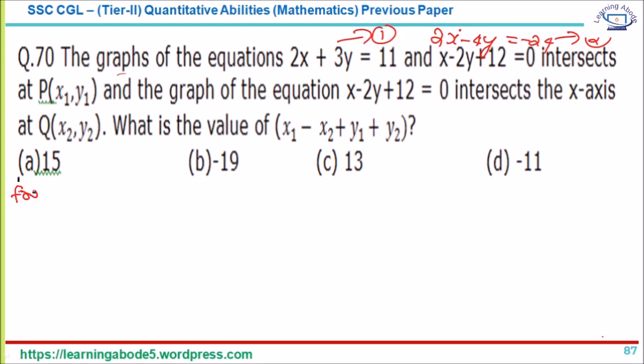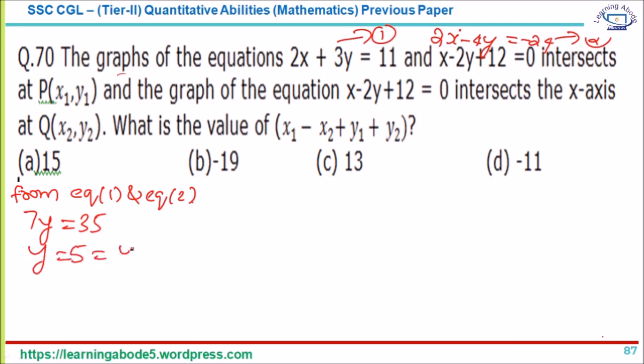From equation 1 and equation 2, what do I get? I get 7y equal to 35, and so my y is equal to 5. So that is my y1. And from equation 1, I get 2x plus 3y equal to 11. So if I solve for x, I get x is equal to minus 2. Now let this be my x1.